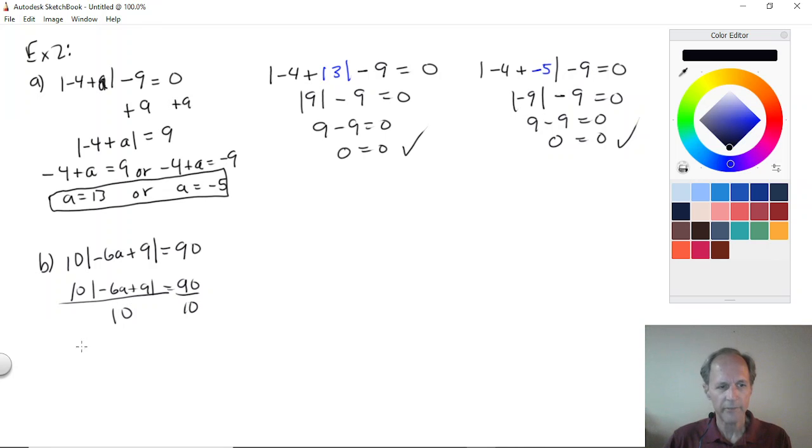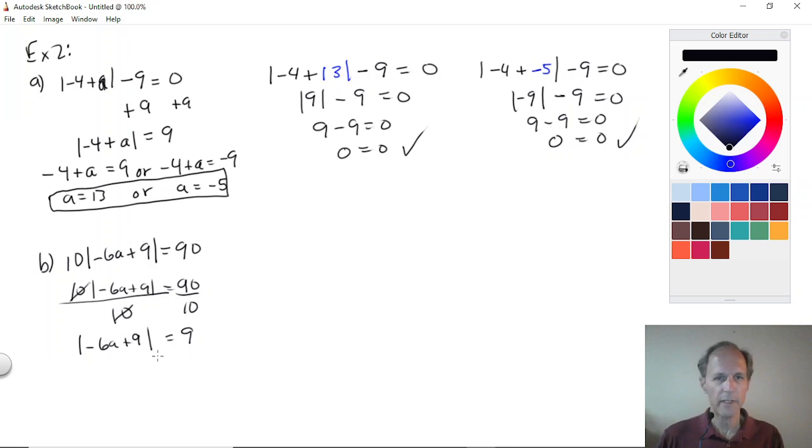And so on the left, it gives us, of course, the absolute value of negative 6a plus 9. The 10s, of course, cancel. And on the right, we get 9.